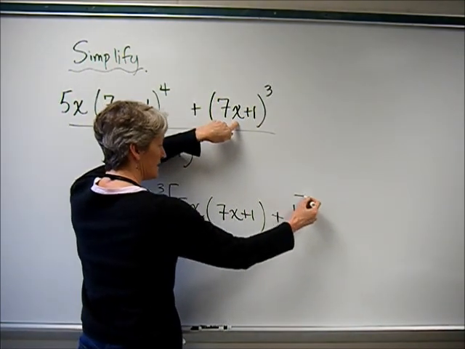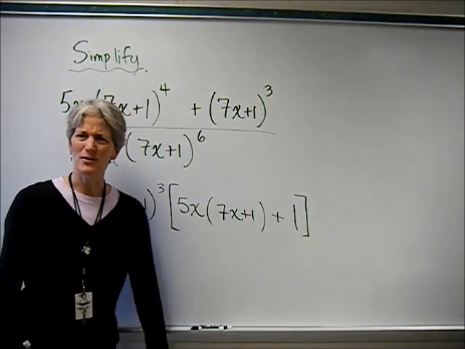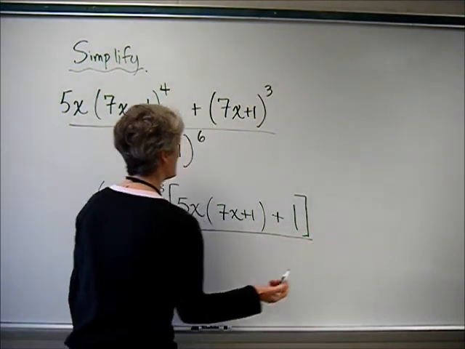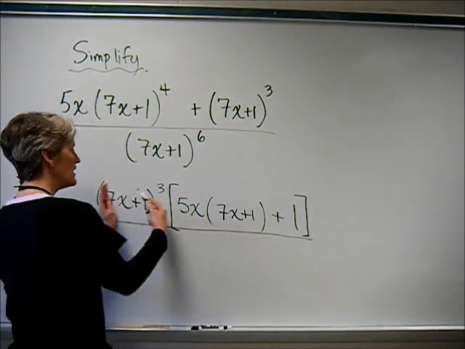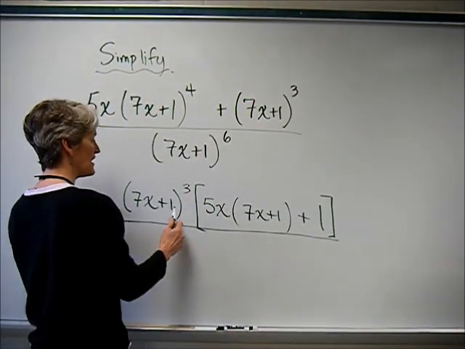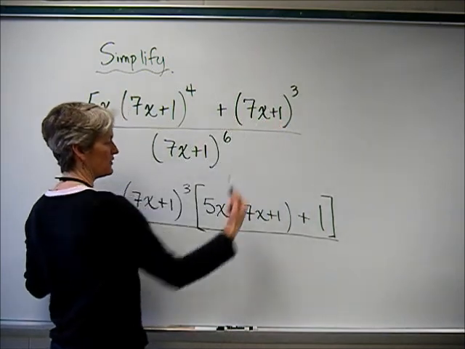A 1. Yes, students forget that 1. It's like a place saver. If you multiply things back, you need to end up with what you started with. 7x plus 1 to the third times 1 gives me that.